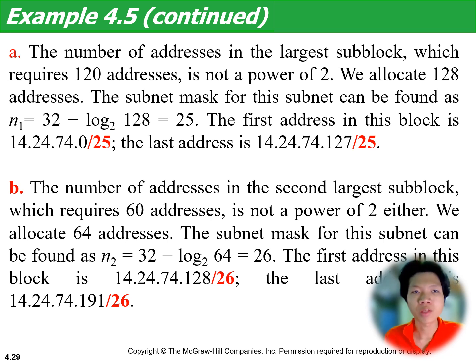14.24.74.127/25. B. The number of addresses in the second largest sub-block, which requires 60 addresses, is not a power of 2 either. We allocate 64 addresses. The subnet mask for this subnet can be found as n2 equals 32 minus log base 2 of 64 equals 26.